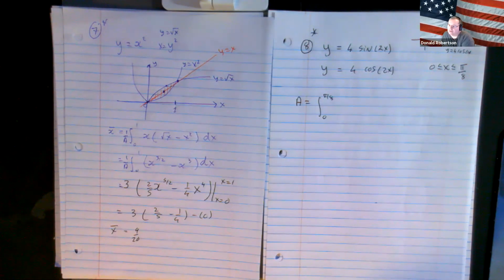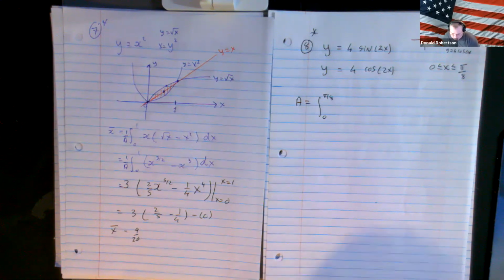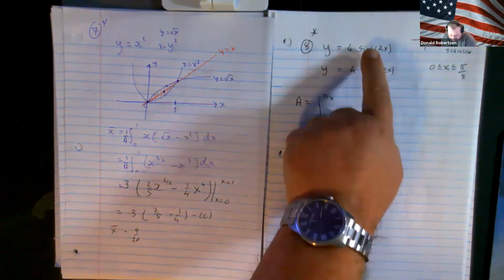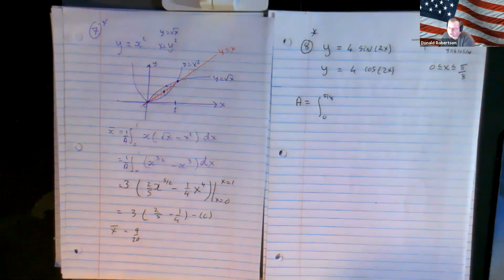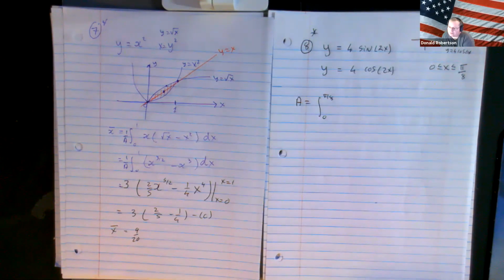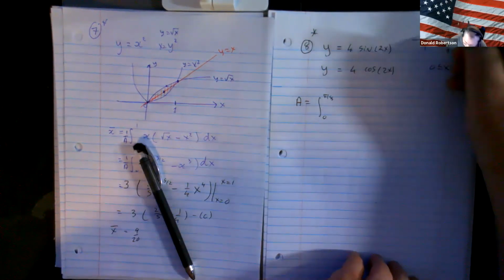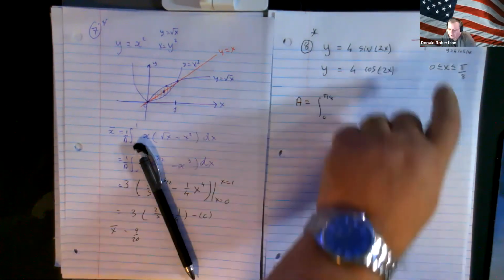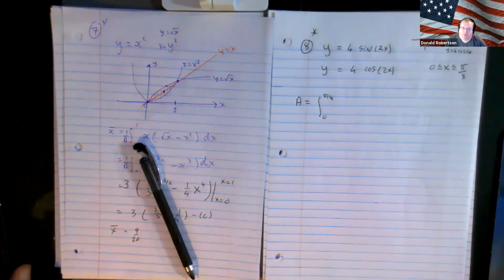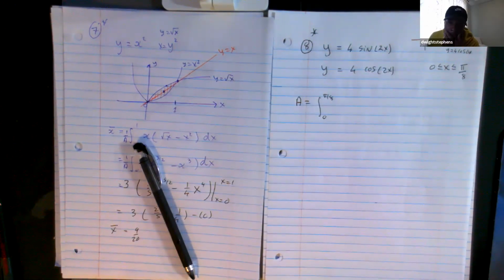We go with that. Right, so cosine take away sine or sine take away cosine. What's the right order for this? If you take this one, who's the higher of the two? Cosine. Okay, agreed.